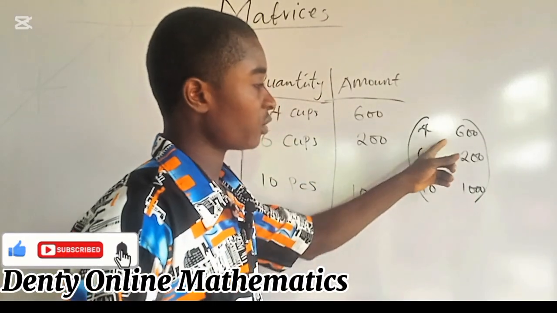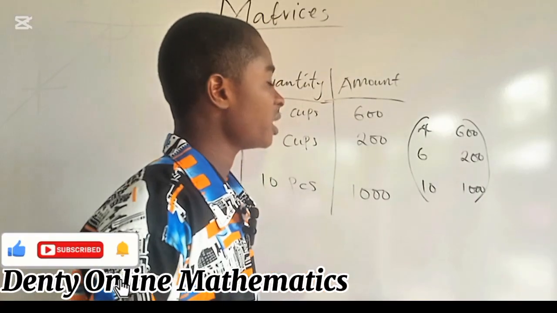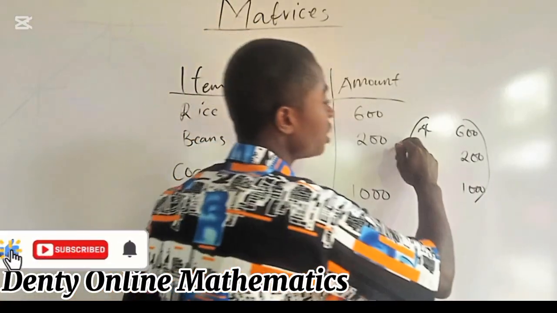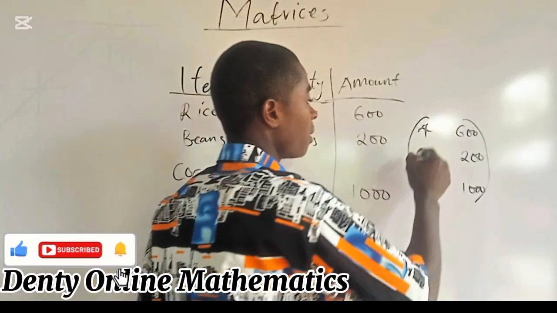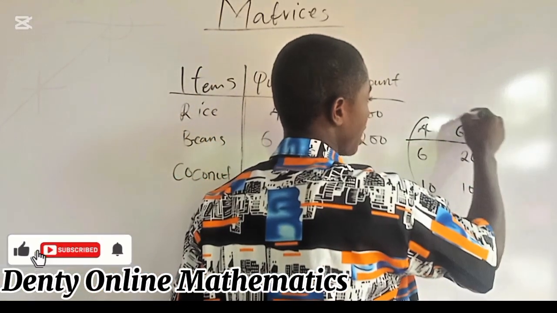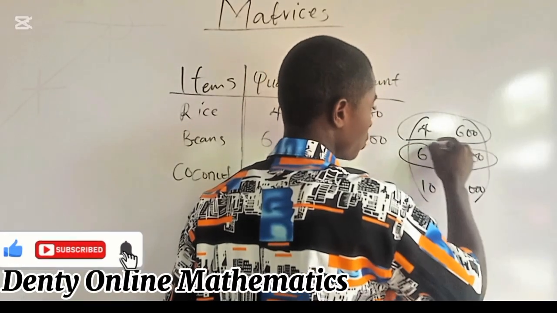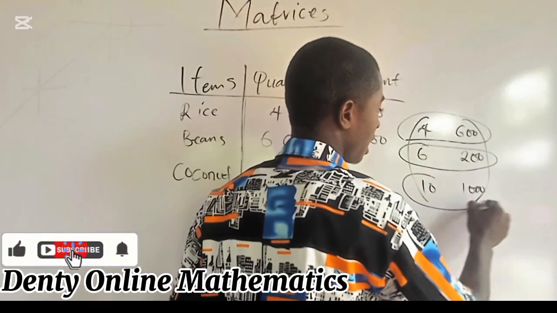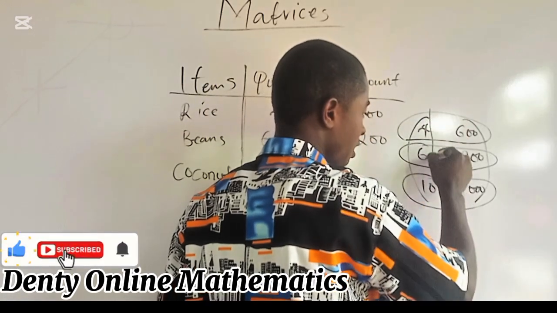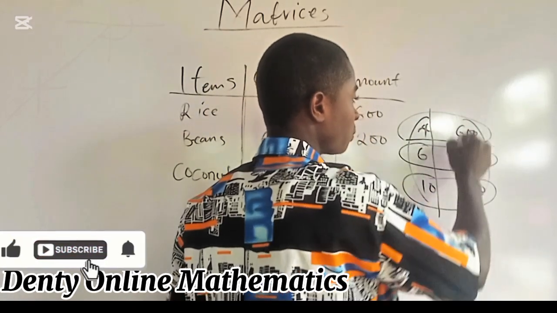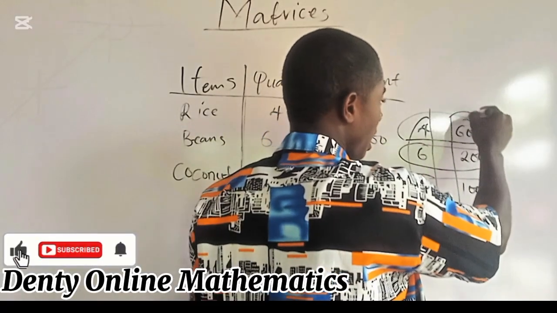Now if you check this format, this is in a matrix form. What makes it a matrix form is that it is represented in rows and columns. Now 4 and 600 are a row, 6 and 200 are a row, 10 and 1000 are a row. While 4, 6, 10 is one of the columns, 600, 200 and 1000 is another column.